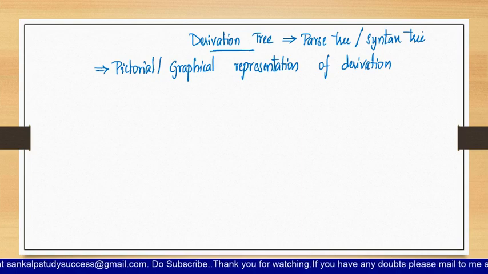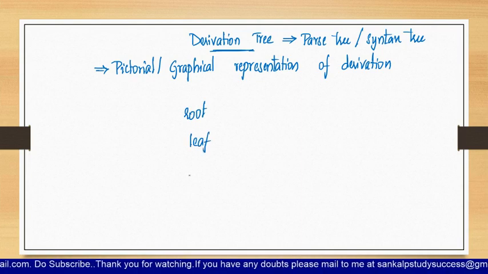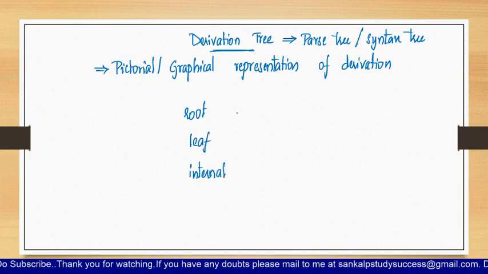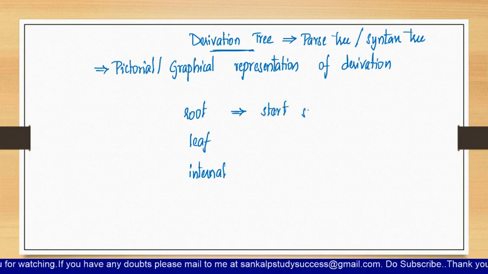Now in the tree you will have several kinds of nodes, correct? There is the root node, there are leaf nodes and also the internal nodes. The root node indicates the start symbol.